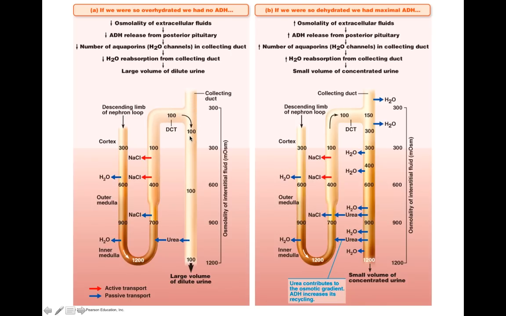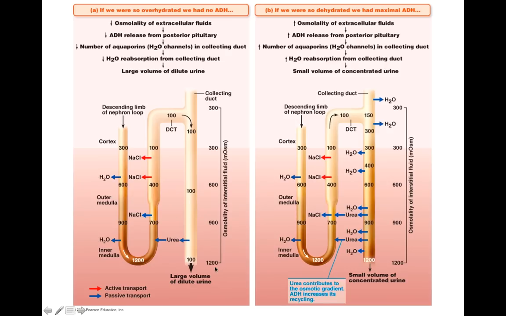It stays in the collecting duct. Notice we have very dilute numbers here, 100 milliosmoles compared to 1200 over here. So very dilute. And so you end up producing a large volume of dilute urine if you have zero or very low ADH, antidiuretic hormone secretion.